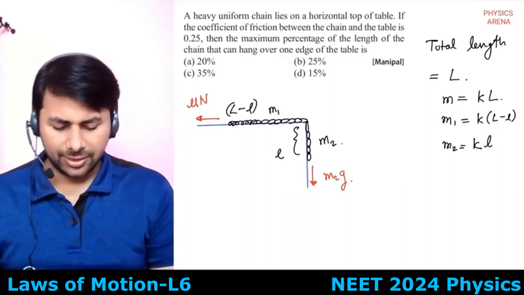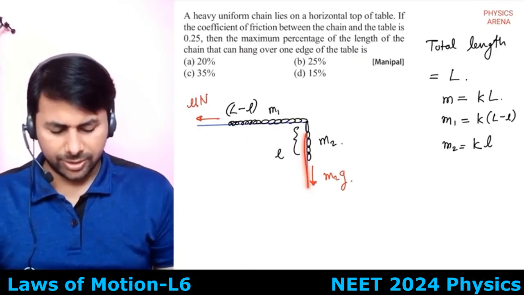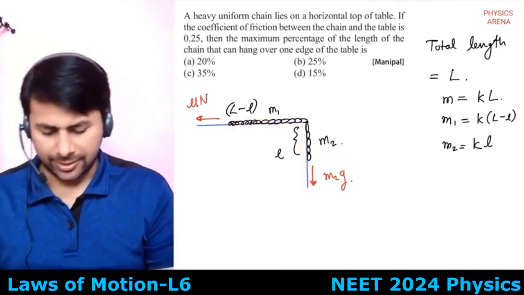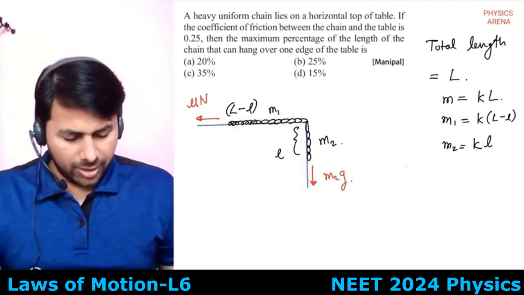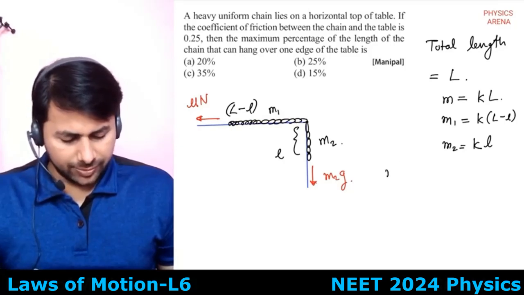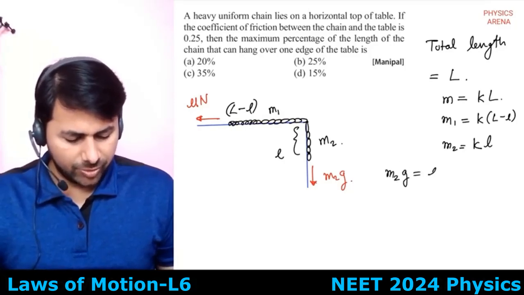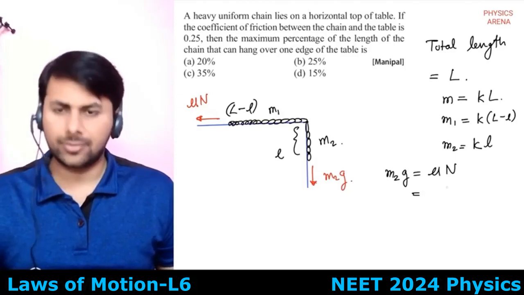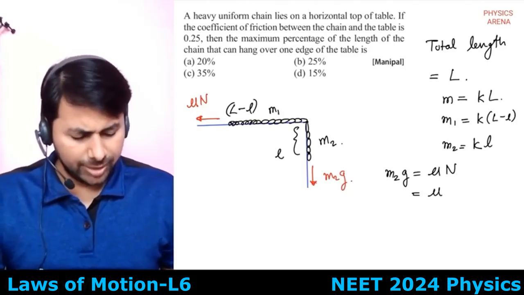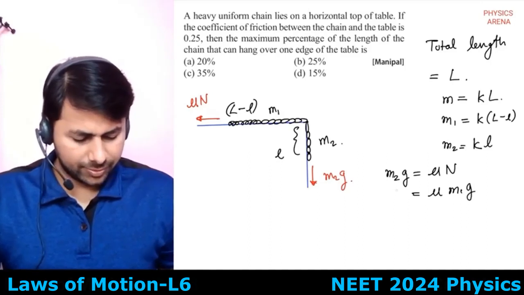If there is no acceleration, then this force and this force are balanced. So m2 into g is equal to mu multiplied by the normal reaction, that is mu multiplied by m1 into g.